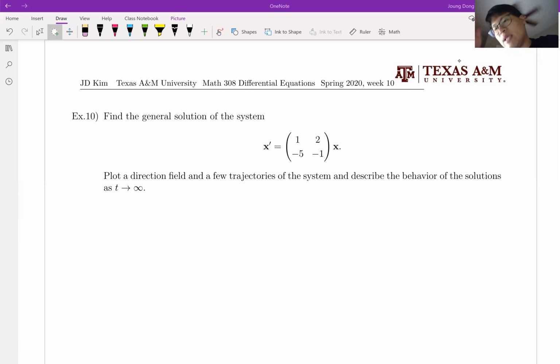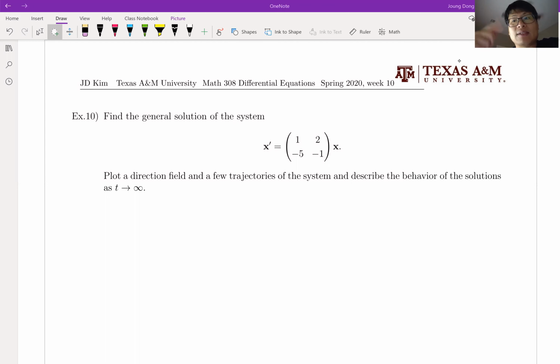The process is the same. We can start from the eigenvalue. Whenever you find the eigenvalue, it will be a complex number. We don't have to worry about both of them because they are complex conjugates and you're going to use only one of them. Then we will find the corresponding eigenvector.